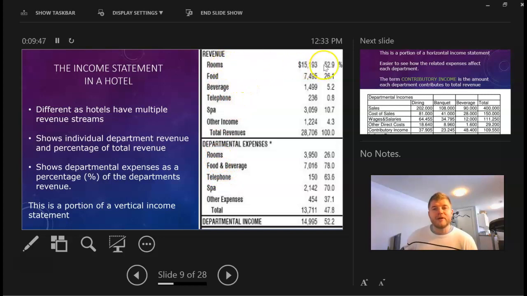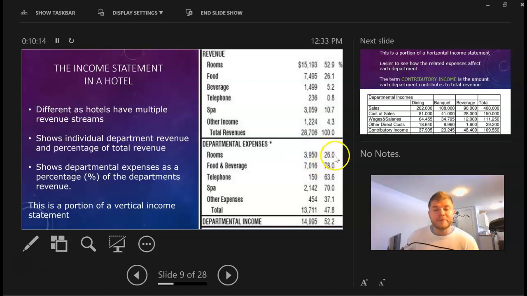As an example, here we show $15,000 worth of rooms, which make up almost 53% of our total revenue. We have food, which is 26%, beverage, telephone, spa, and some other. It gives you the percentages of revenue of what we're making. Then you look to the departmental expenses. Rooms cost us about $4,000 to run.